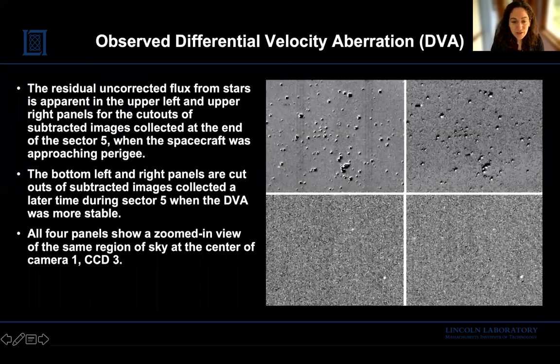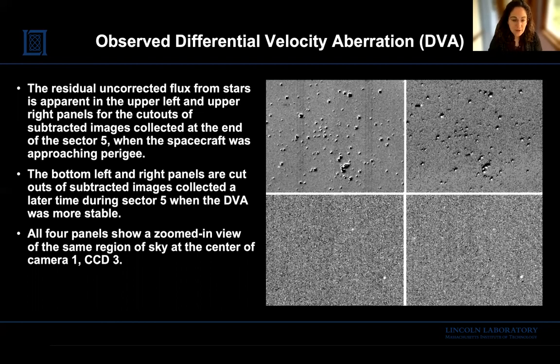Now, what's causing those artifacts? It's not the TESS system. The TESS cameras are operating beautifully, but there is a fundamental property caused by differential velocity aberration. So differential velocity aberration is a relativistic effect that arises from the relative pointing of the TESS camera and the motion of the spacecraft.